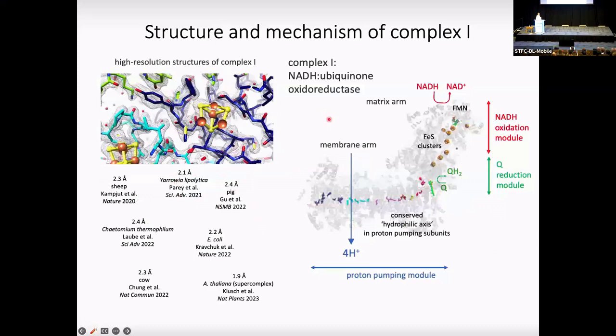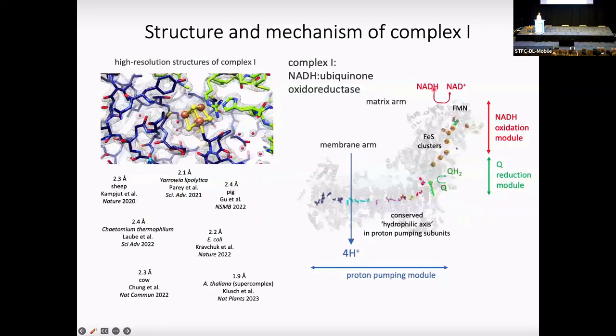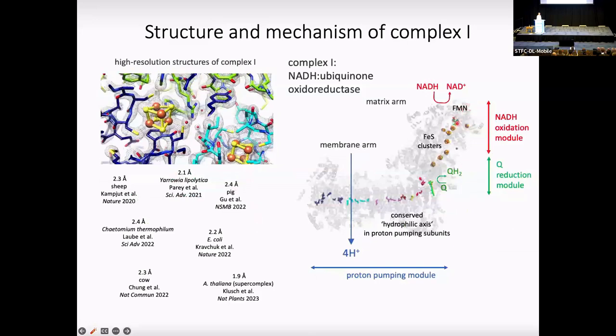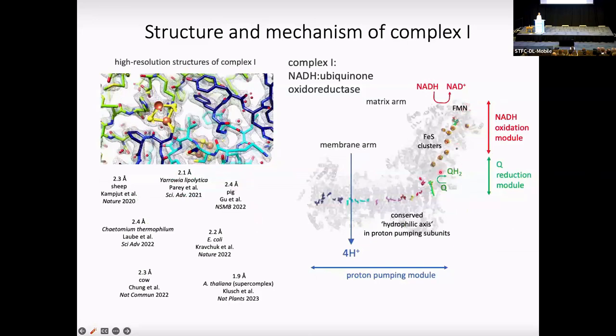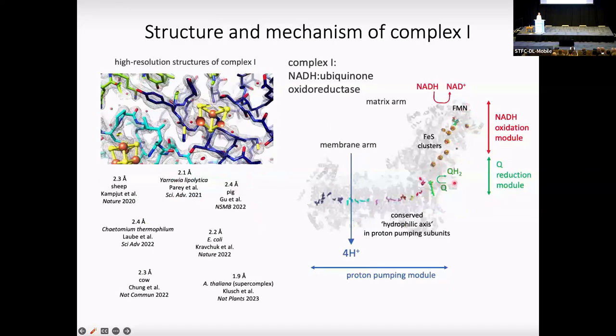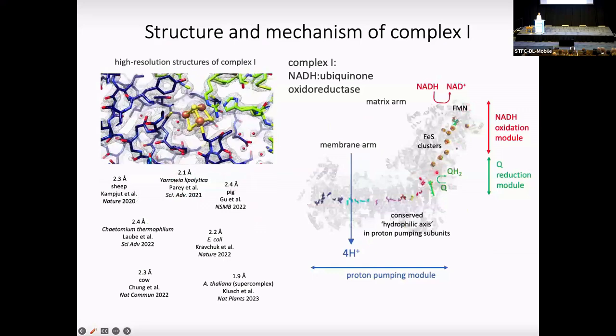So what we know about how it works is the electrons from NADH are extracted by the cofactor FMN, then transported over a series of iron sulfur clusters to the ubiquinone, which is located in a tunnel just above the membrane.